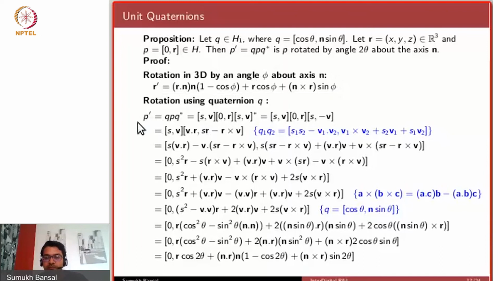So P dash is Q P Q conjugate. We put in the values for Q, P and Q conjugate. So this is S V, 0 R, and then S and minus V.